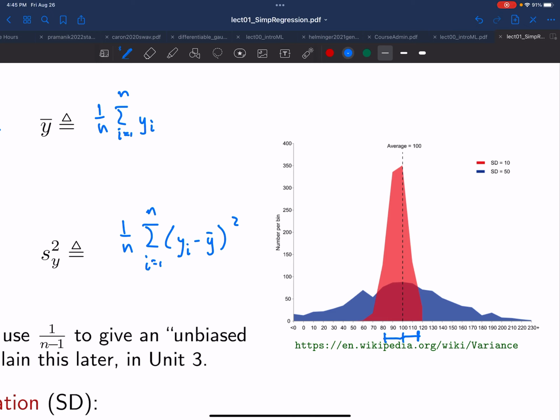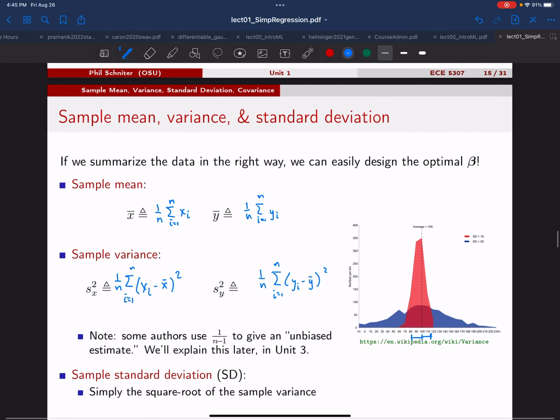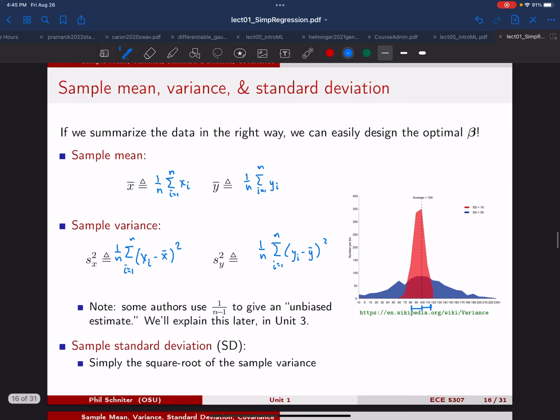But here you're not actually talking about the variance, you're talking about the square root of the variance, because you're looking at the data here, so you're looking, does the data vary this much or that much? You're not looking at the squared data, you're looking at the data itself. So these are squared quantities. If you just look at the square root of the sample variances, you get the sample standard deviation, and those are the things that are easily visible from that histogram.